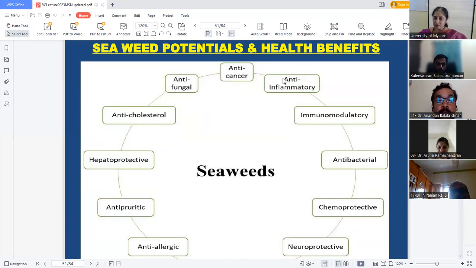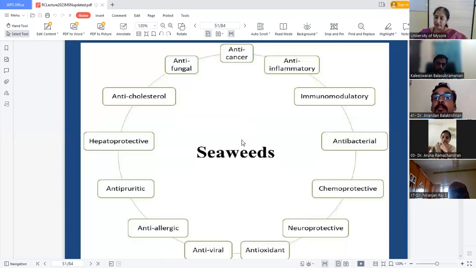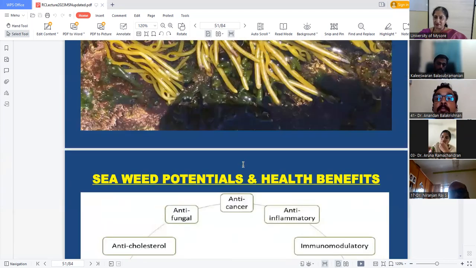The brown seaweeds belonging to Phaeophyceae, red seaweeds belonging to Rhodophyta, and green seaweeds belonging to Chlorophyceae are excellent sources of health protection. They have anti-cancer, anti-inflammatory, immunomodulatory, neuroprotective, and hepatoprotective properties. They work against cholesterol, and have antiviral and antioxidant properties.